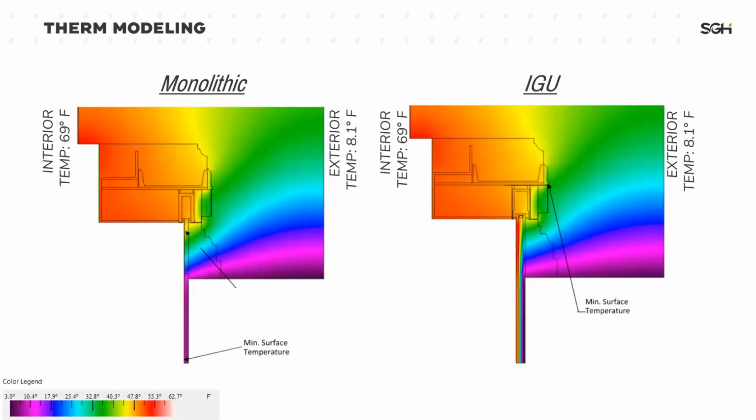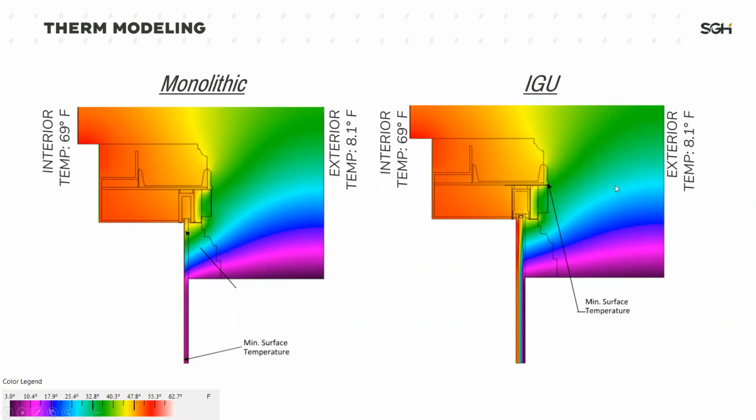When we look at the temperature outputs from THERM, we see that the coldest surface temperature for the monolithic glass occurs all the way down here on the interior surface of the glass. But this whole glass area is in this purplish range, which if we look at our key, we see that temperatures there are about 5 to 10 degrees Fahrenheit, very cold.